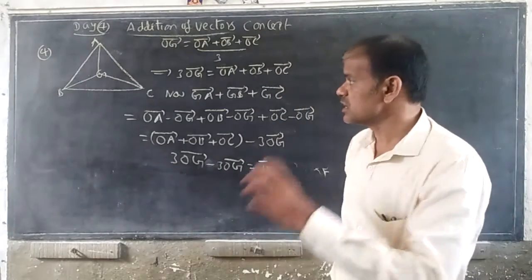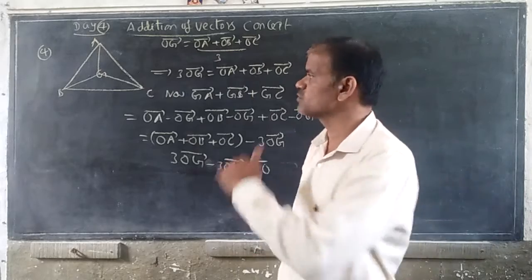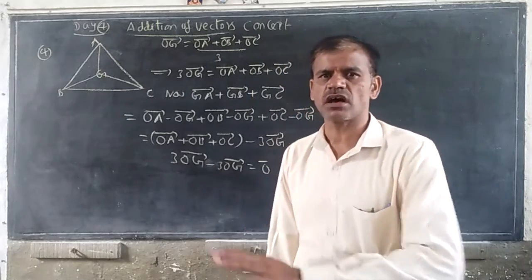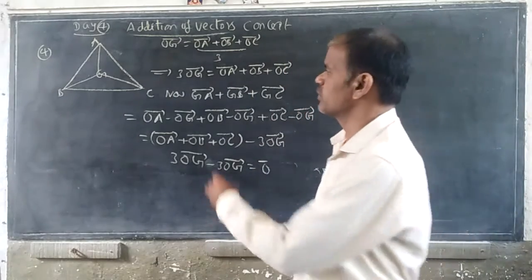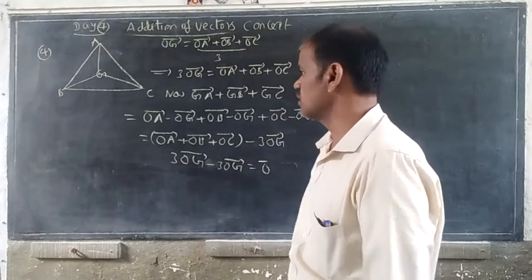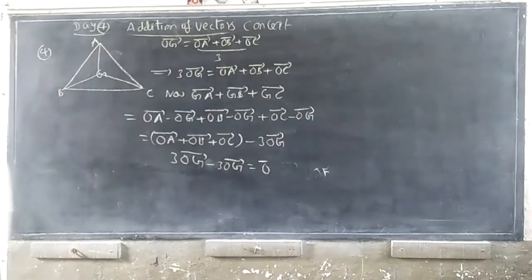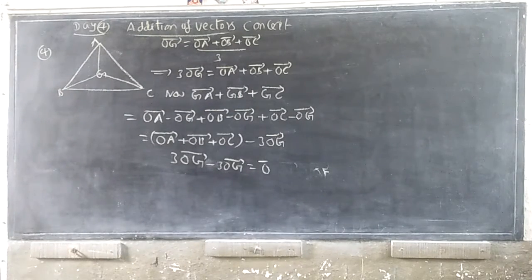So we can understand that the algebraic sum of vectors from the centroid to the vertices of the triangle is always a null vector. This is a concept, formula number 4.